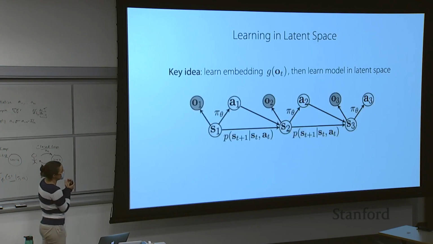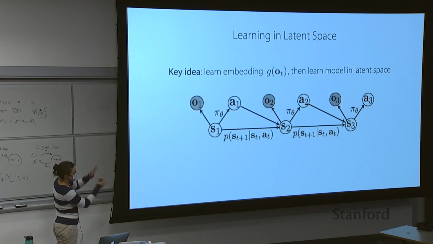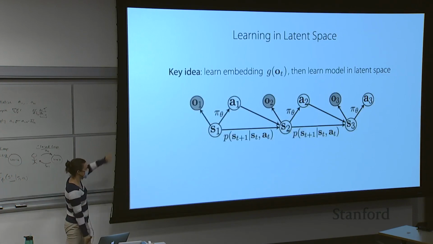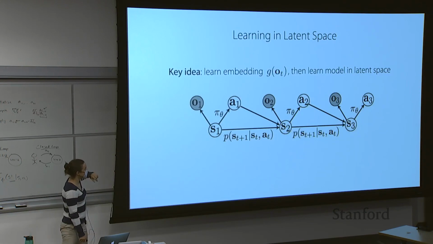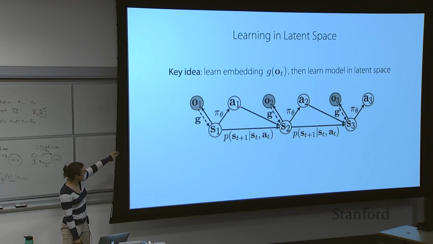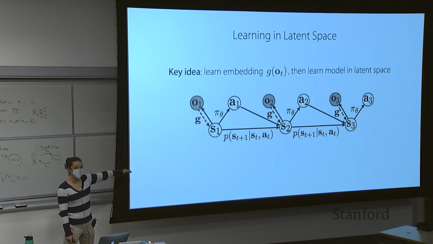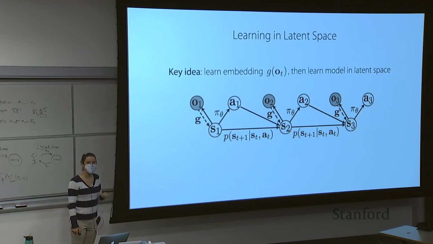For example, if you have a graphical model that looks like this, where your observations are observed but you can't observe your low dimensional states, then what you could try to do is learn a model G that can estimate your latent states from your observation.